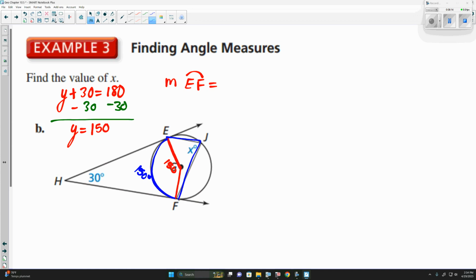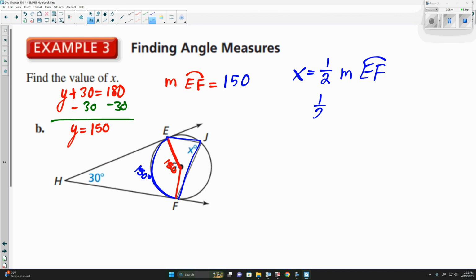Now, what is actually angle x? Angle x is an inscribed angle. And as we learned at the start of this section, an inscribed angle x is equal to what? Half the measure of its intercepted arc. So it's half the measure of EF.